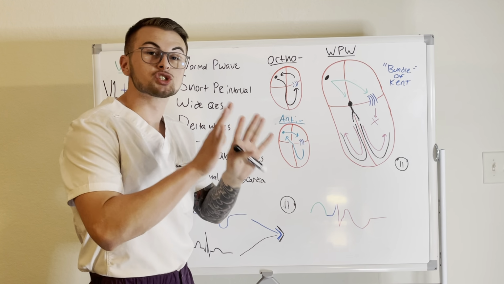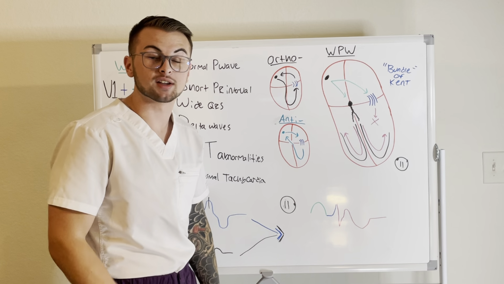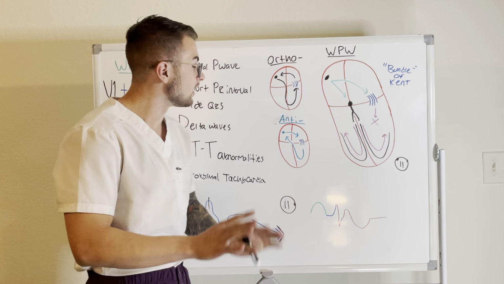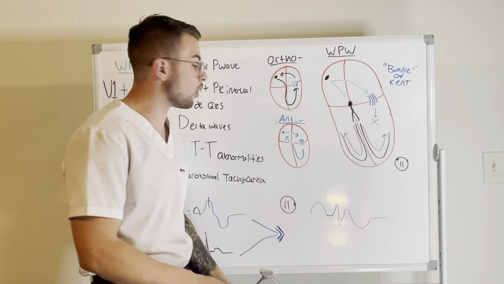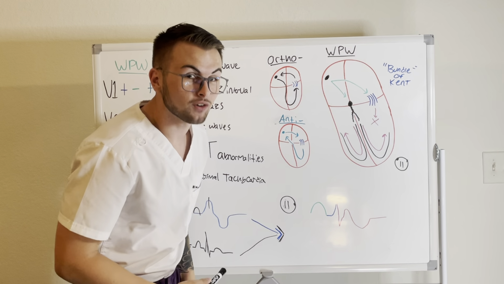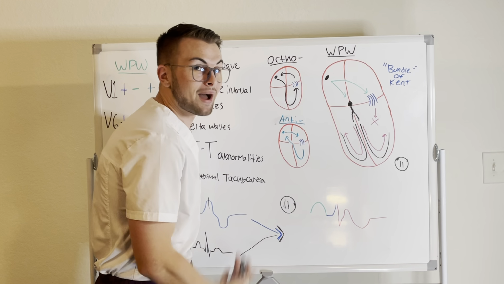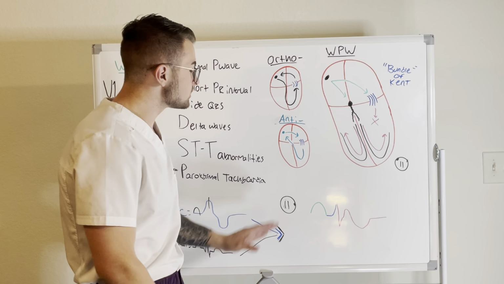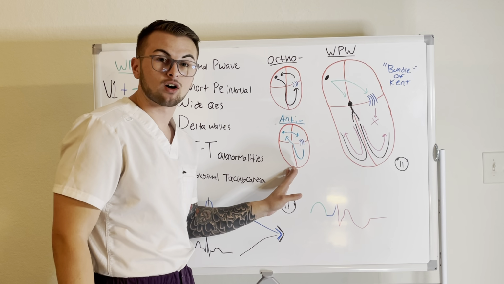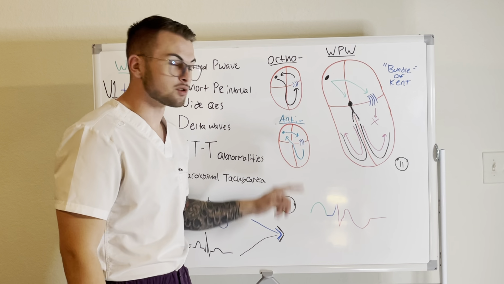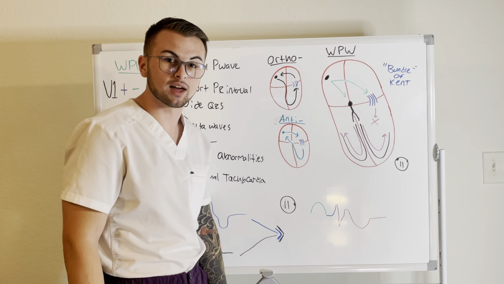We know that these are slower, narrow complex tachycardias that are a little bit more safe. Now, with antidromic, we know that it is going through the bundle of Kent first and back up through the AV node. Remember, nothing should come back up through the AV node. These generate wide complex tachycardias that are more dangerous because they don't have that AV nodal conduction delay.